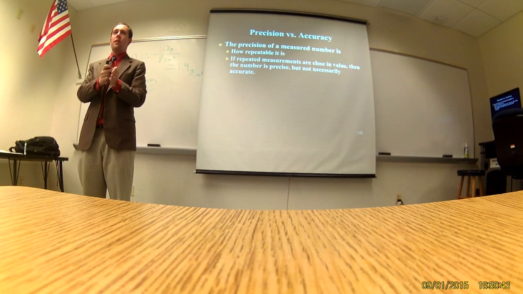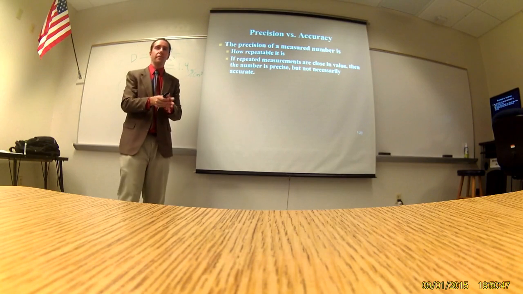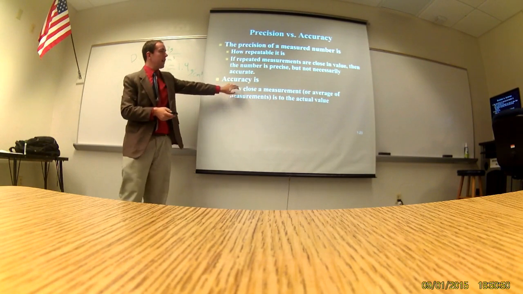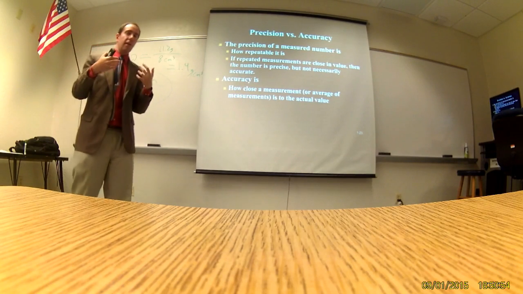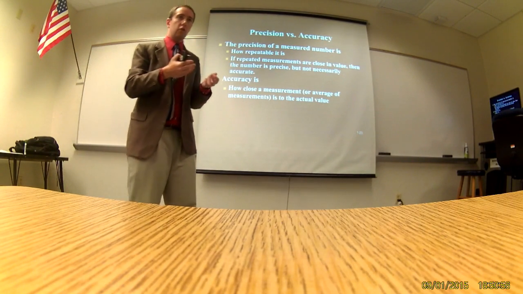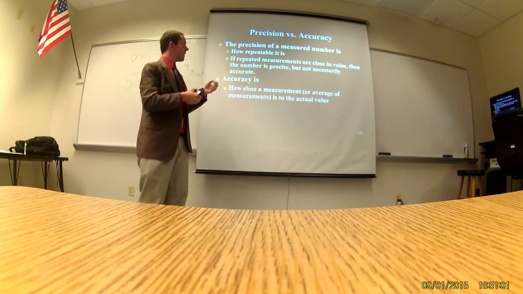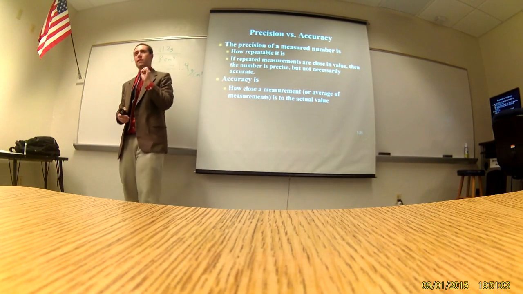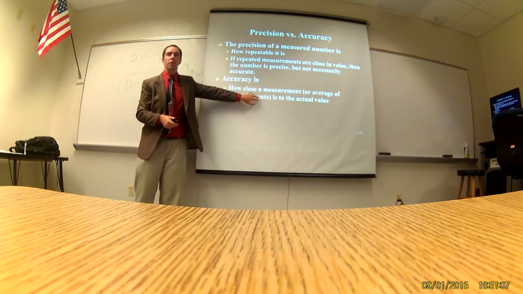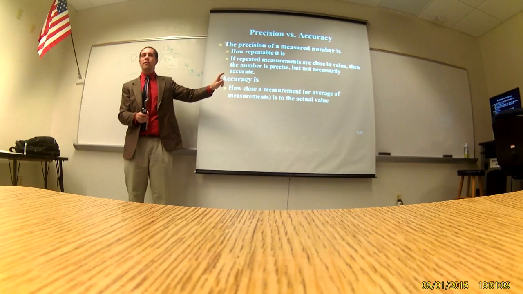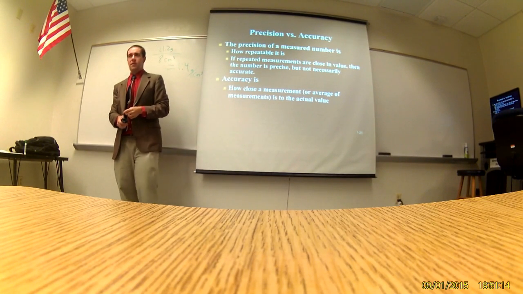It's completely wrong, but it's precise. It's very repeatable. Accuracy is how close you are to the actual value. So if I measure myself 50 times and I get 2.0 or 2.1, it's very precise, but it's not accurate. And where it gets just a little bit more confusing is when you take a bunch of measurements, the accuracy of those measurements as a whole is determined by the average. Okay?